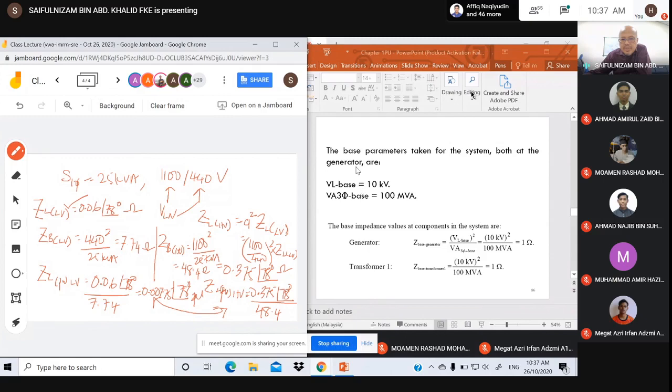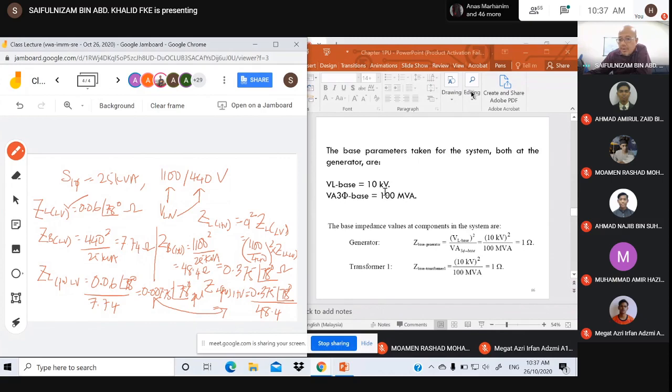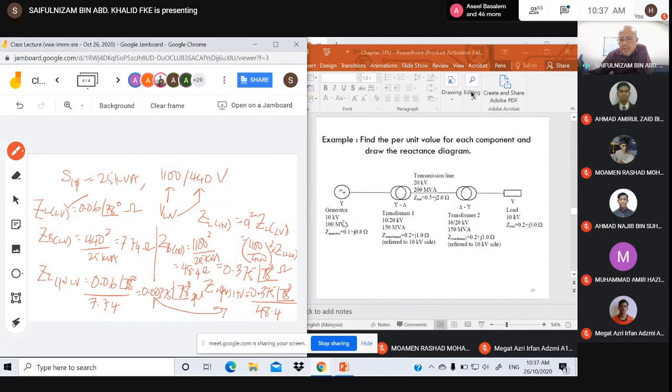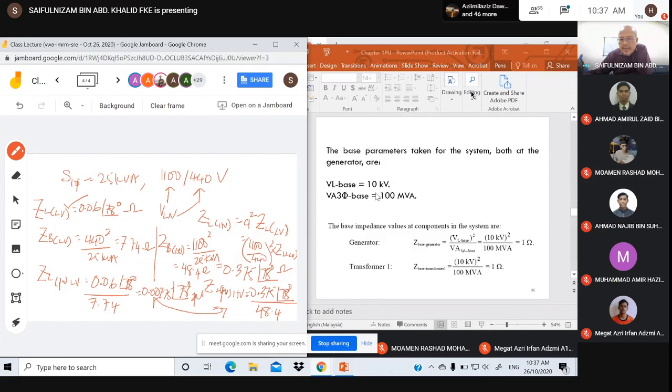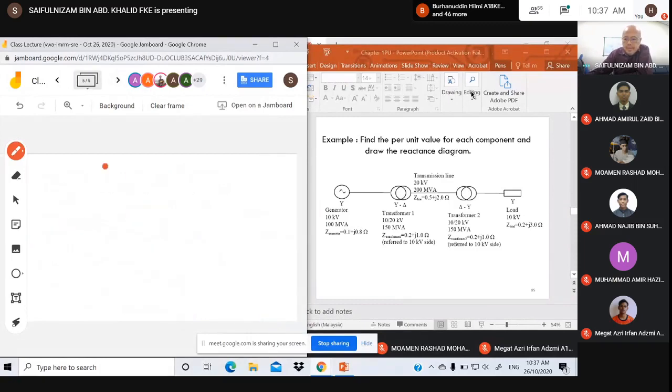So the base voltage for the generator is 10 kV and the power is 100 MVA, which is similar to the old value. The old value and the new value are now the same. This is the new value and this is the old value, from the nameplate.